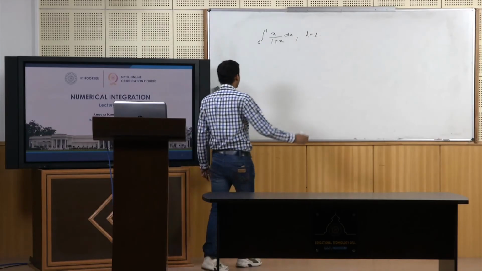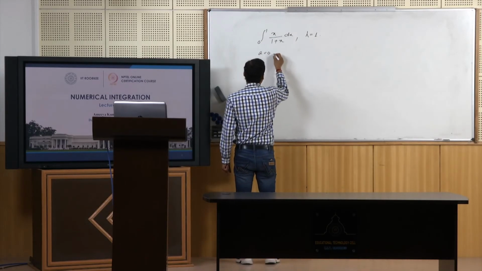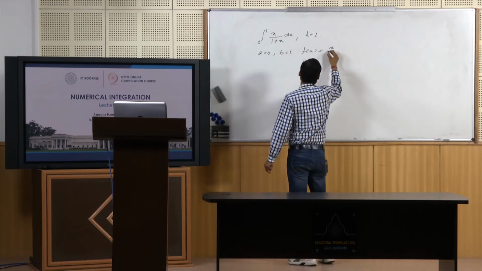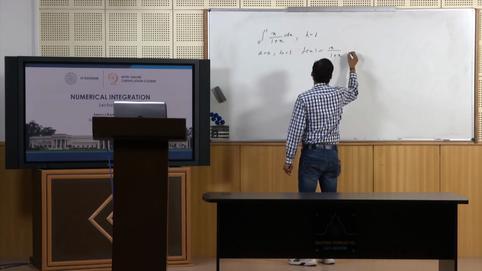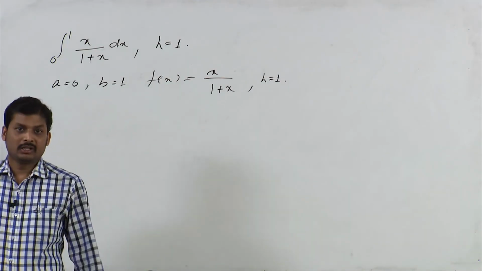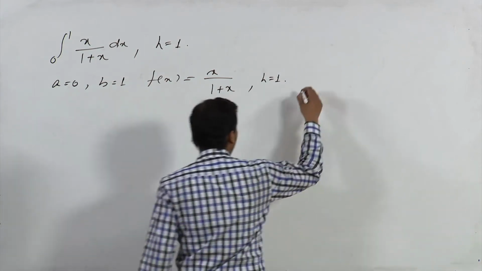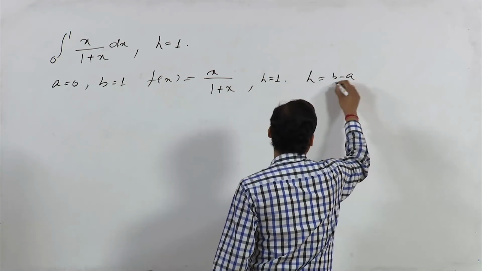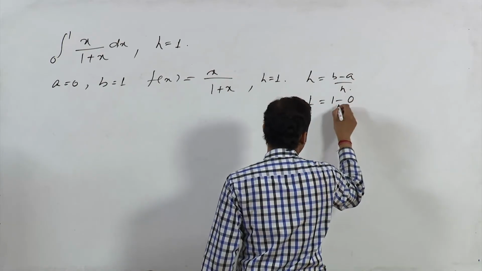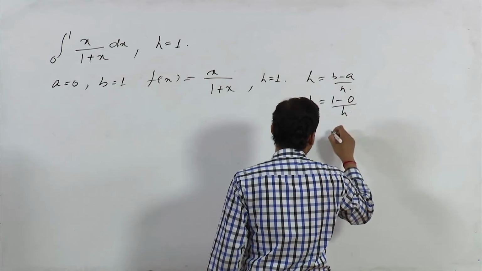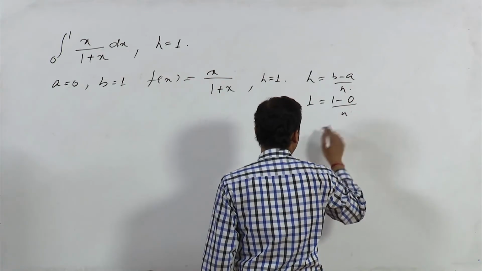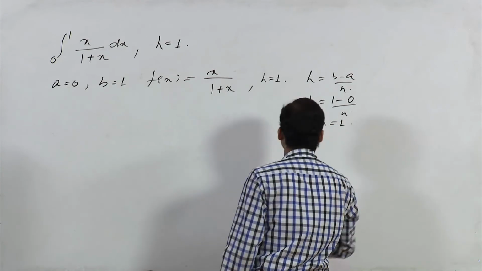If you see here, a equals 0, b equals 1, f of x equals x by 1 plus x, and step size equals 1 means n equals 1. Usually we define h equals b minus a by n. So that is why h is given as 1, that is 1 minus 0 by h, so n equals 1 here.